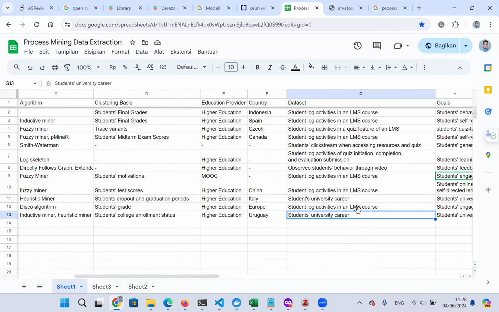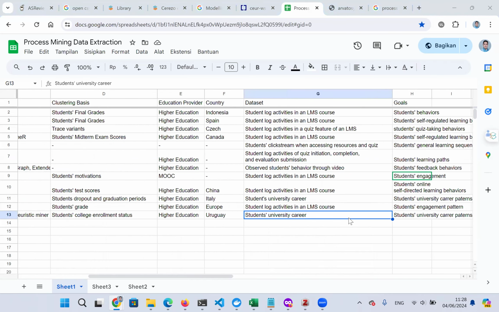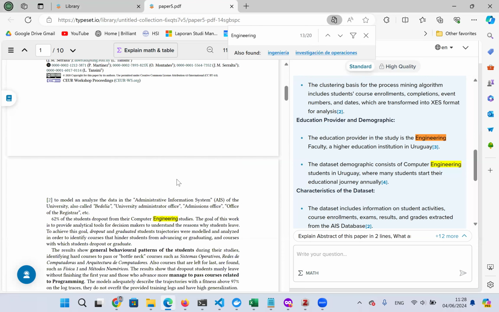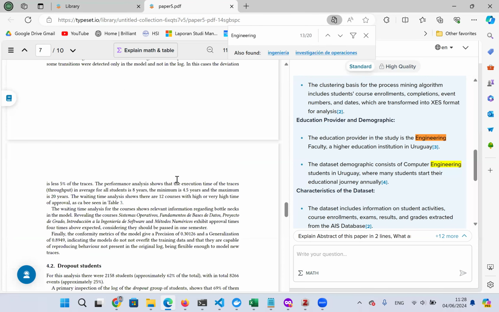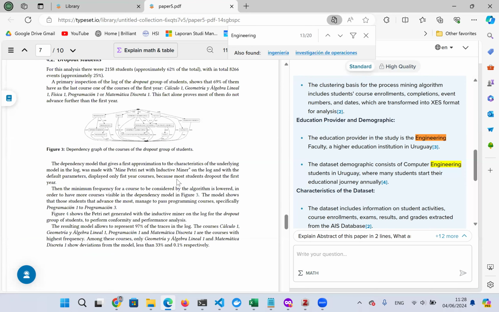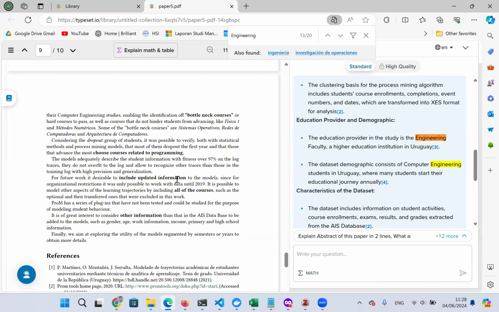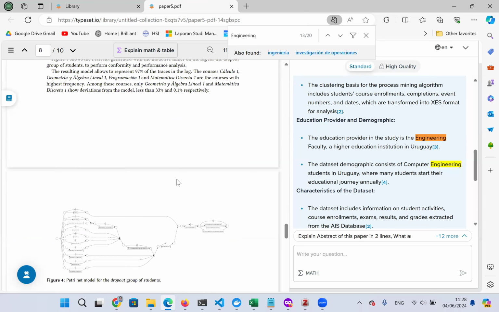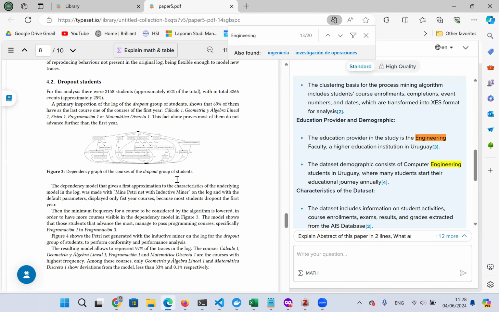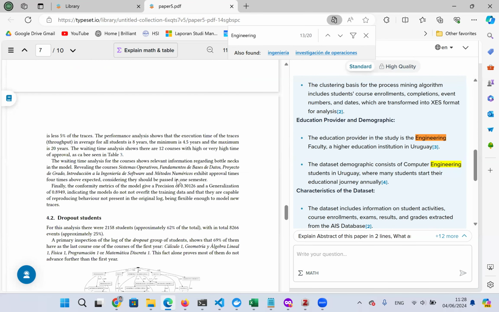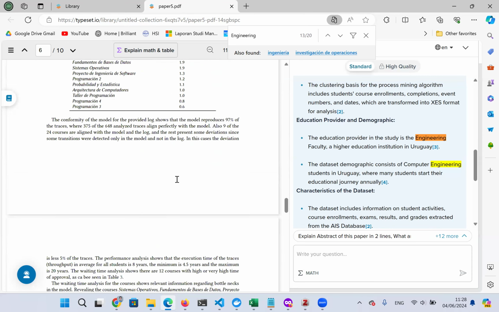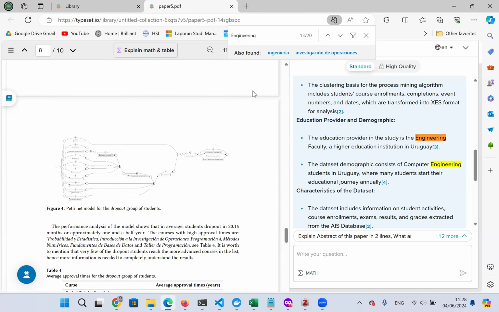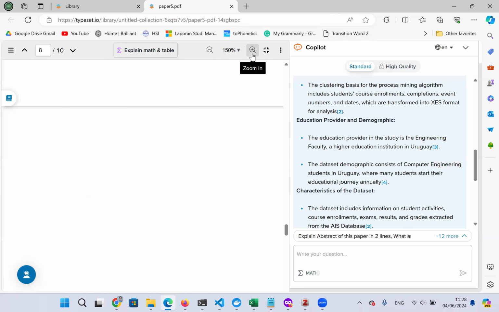Now the data set is actually quite tricky here. You can just take a look at the process pattern graph, or you can say a Petri net or dependency graph or whatever. And that is quite hard actually. So let's take a look at this. Okay, and then we zoom in.